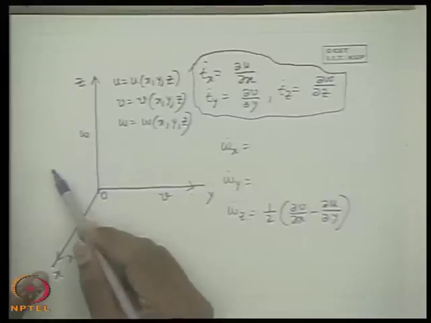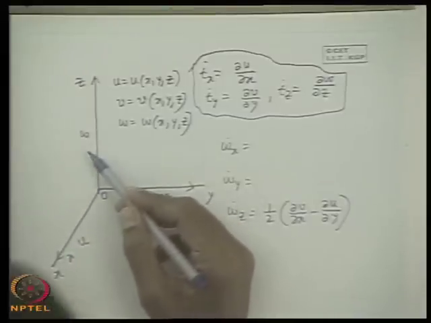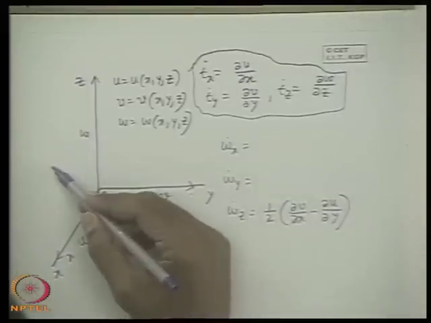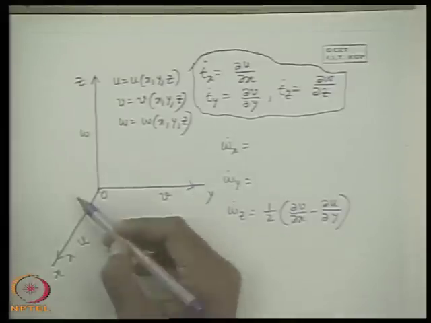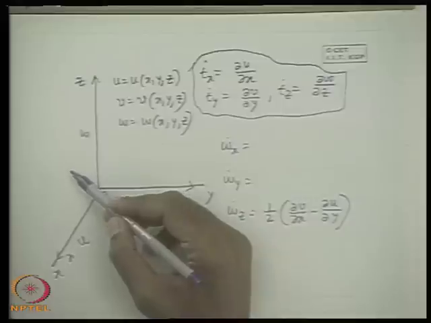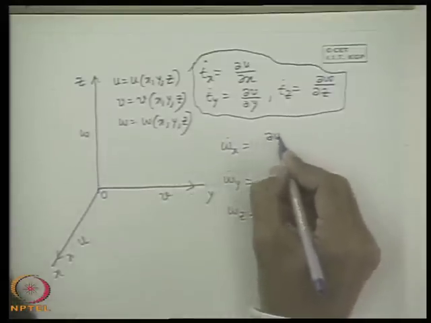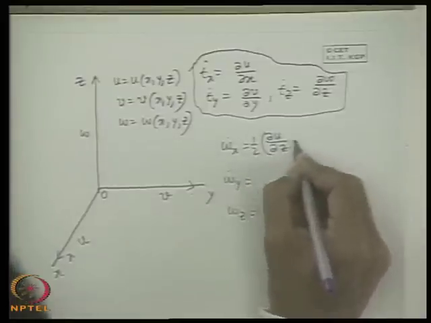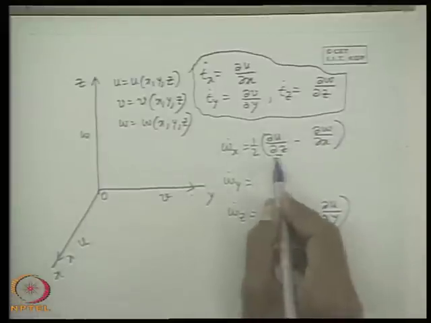That means rotation in this direction will be responsible for the x component of velocity in the z direction. Here you have seen del v del x; here we will see del u del z. So therefore omega dot x is half of del u del z minus del w del x. So this is the positive, this is the negative.